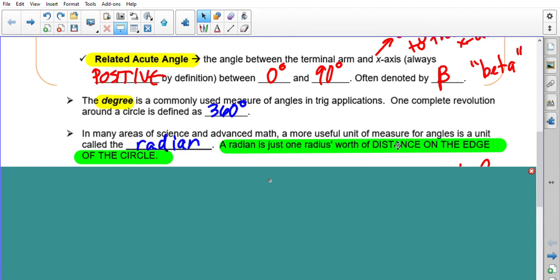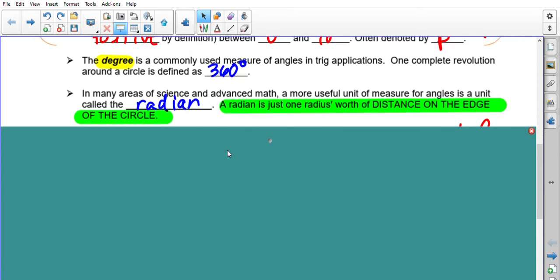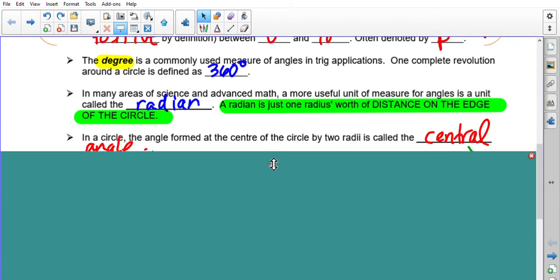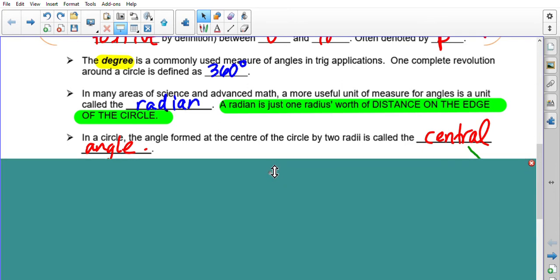A more useful unit of measure is a unit called the radian. So what is a radian? It is one radius's worth of distance on the edge of the circle. I know that kind of sounds confusing, but I want you to think of it as an angle measure that relates how far it travels on the outside of the circle in relation to the actual radius of the circle it's creating.